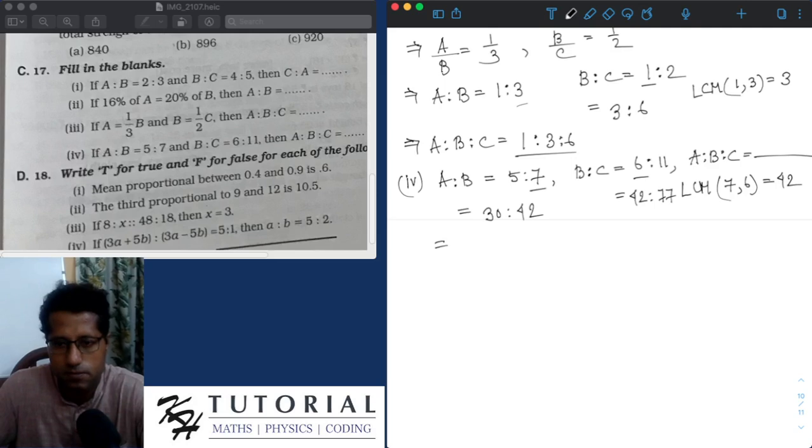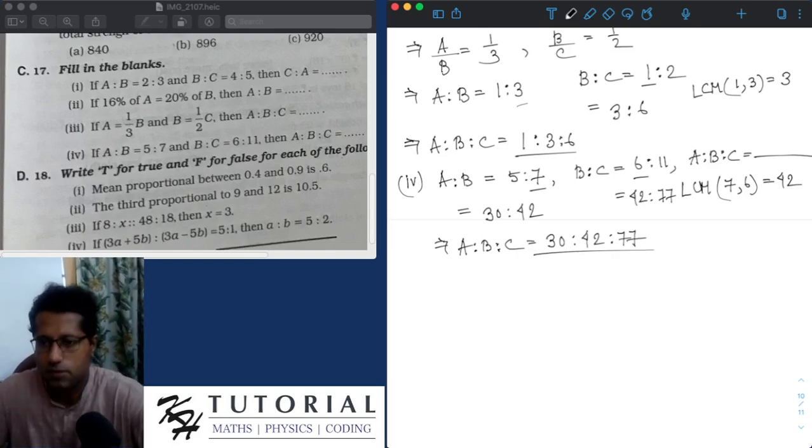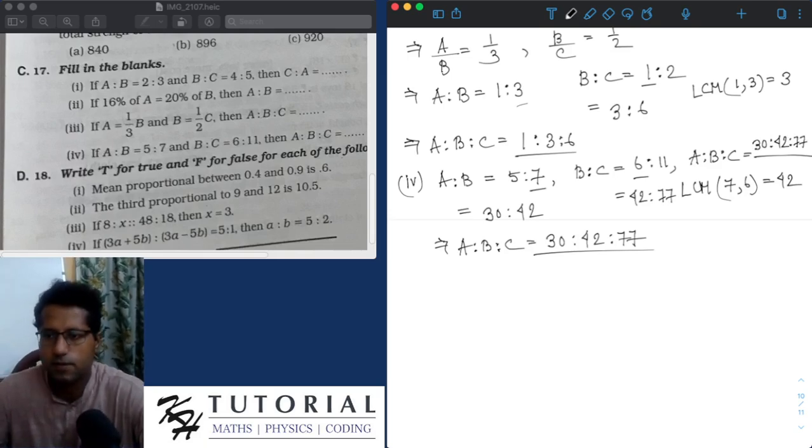So this implies A is to B is to C equals 30 is to 42 is to 77. So the answer is 30 is to 42 is to 77.